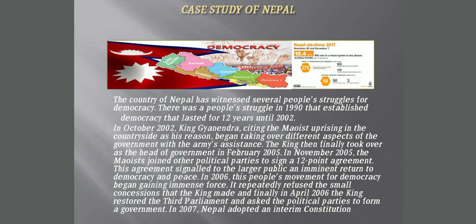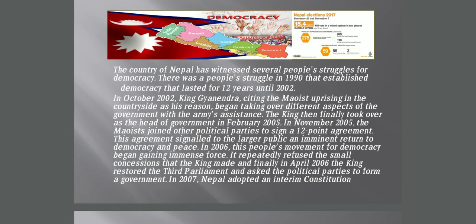The first time Nepal made its own constitution, it had a problem that maximum powers were in the hands of the king. Later, gradually, the people, especially the political parties, disagreed with this and made efforts.